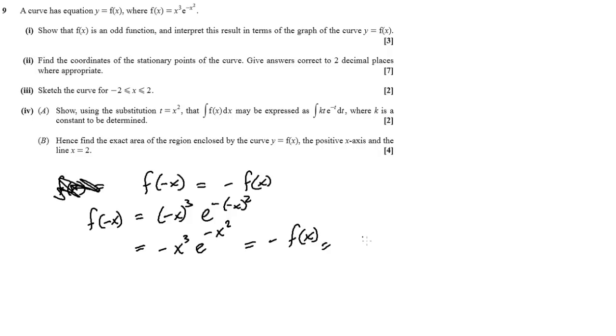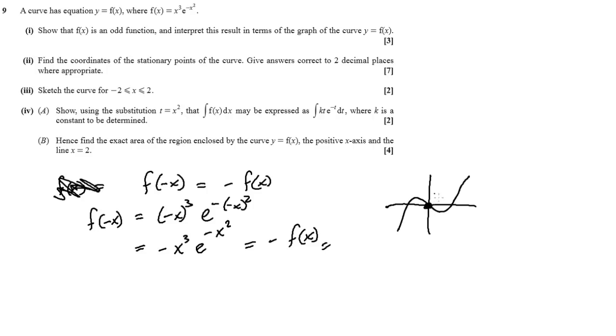On top of that, all odd functions will have a rotational symmetry, 180 degrees from the origin. Say a typical x cubed graph will look something like this. This is probably more like x cubed minus 3x or something, but that's the general idea.